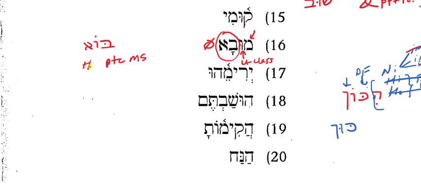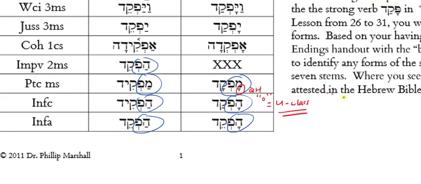Okay? Now, once I've figured all that out and I've got the parsing done, it would behoove you to grab your weak verb paradigm and say, okay, I think that's a hophal participle masculine singular. Let's go look at the one in the paradigm and see if it matches. Muva. Okay? So, back to the weak verb paradigms.